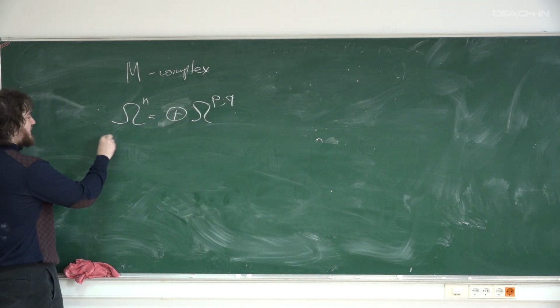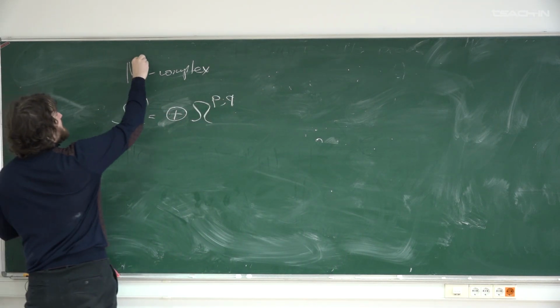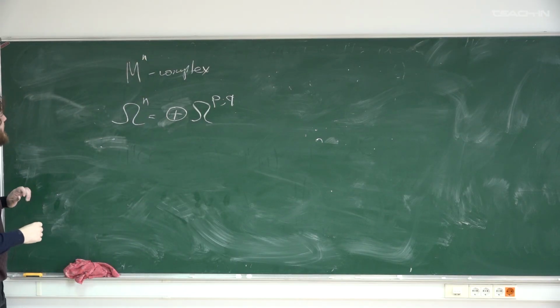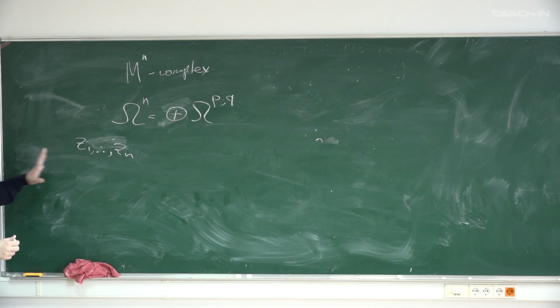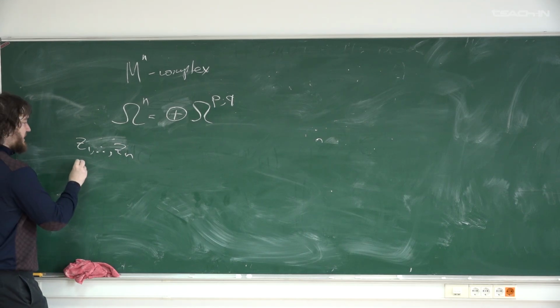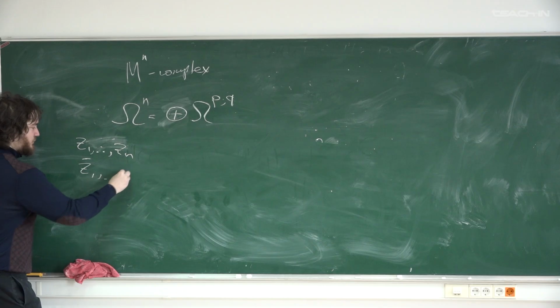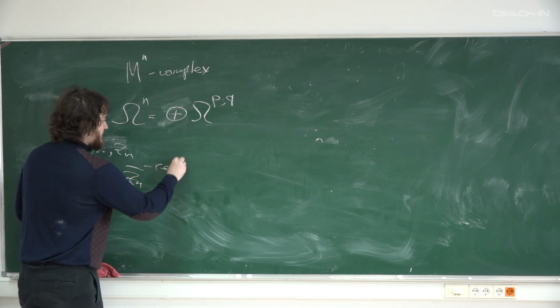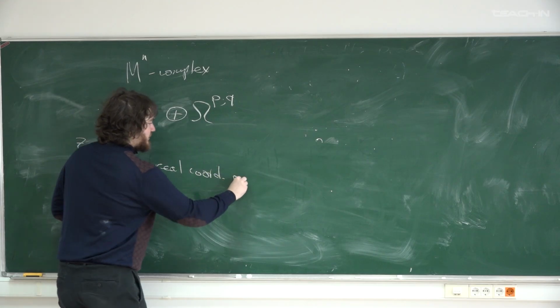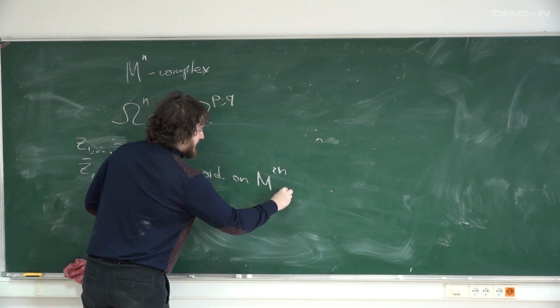So it's because if M is an n-dimensional complex manifold, then you have complex coordinates, and if you consider such coordinates and conjugate coordinates, these are 2n real coordinates on a 2n-dimensional real manifold.